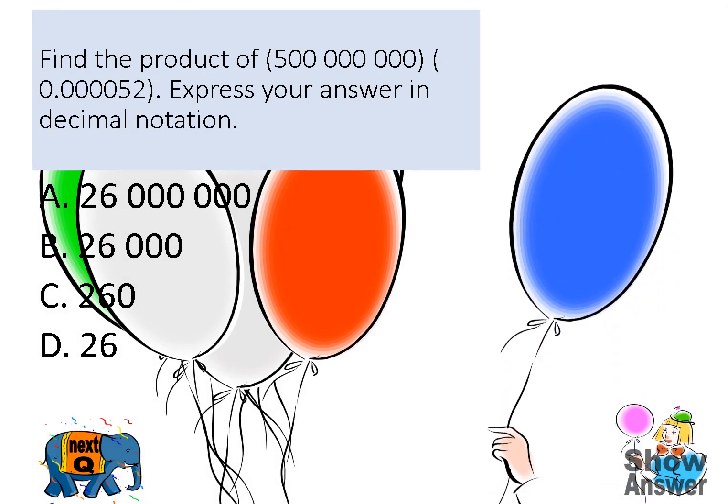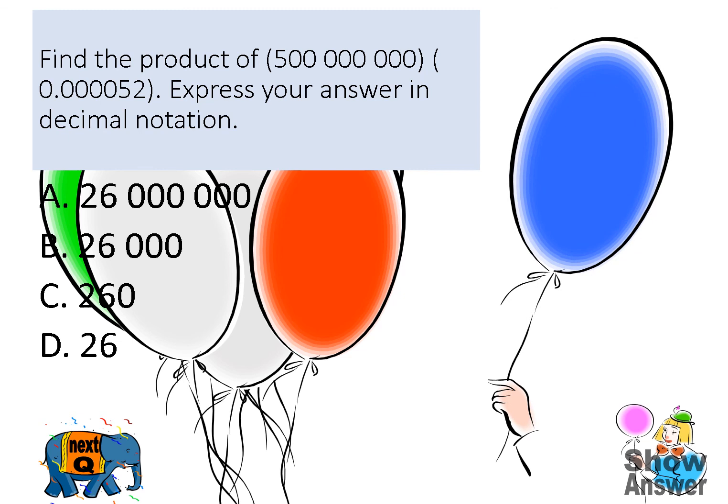Number 10. Find the product of 500 million and 0.000052. Express your answer in decimal notation. Is it A, 26 million, B, 26,000, C, 260, or D, 26?